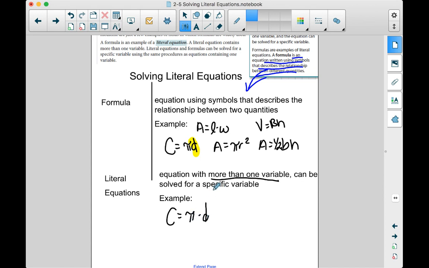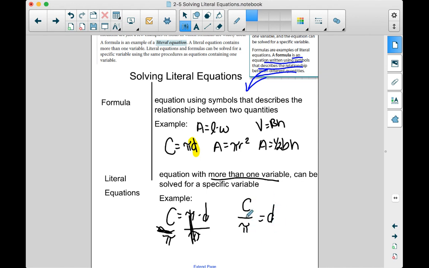I'm going to use inverse operations to isolate diameter. So if I want diameter isolated, I see that it's multiplied by pi. So I would divide by pi here, and whatever I do on one side, I have to do on the other. Sorry, that division sign's squiggly. So here they cancel, and what I'm left with is circumference divided by pi equals the diameter.